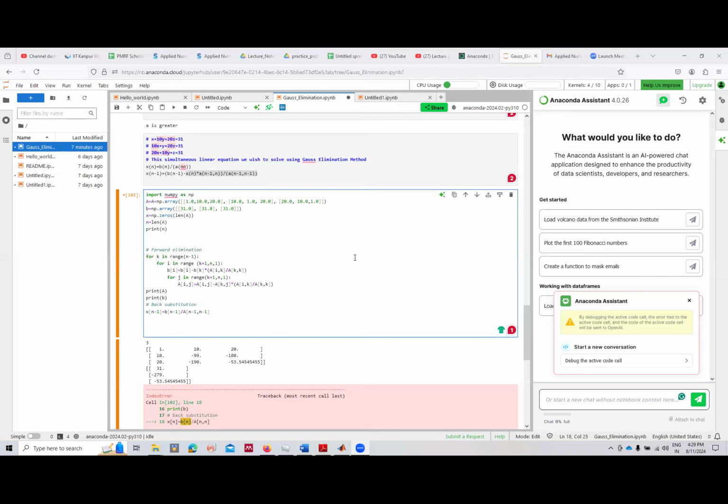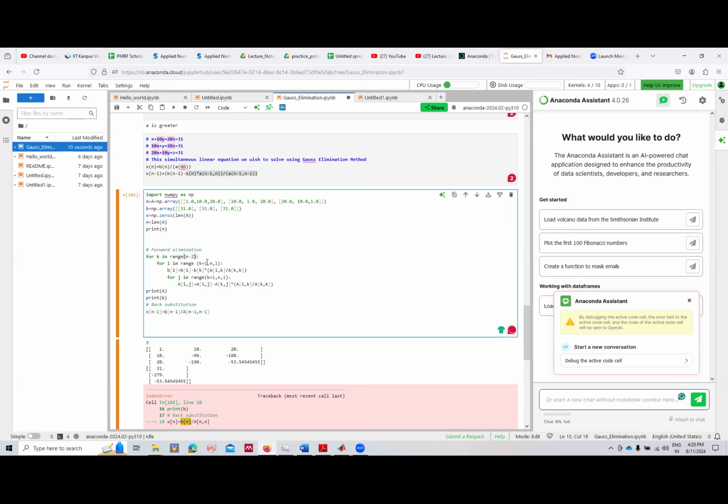Now I will start here from this. Okay. Now if I do, so k starts from 0 and goes up to, so here I need to write 1 less, n minus 2.